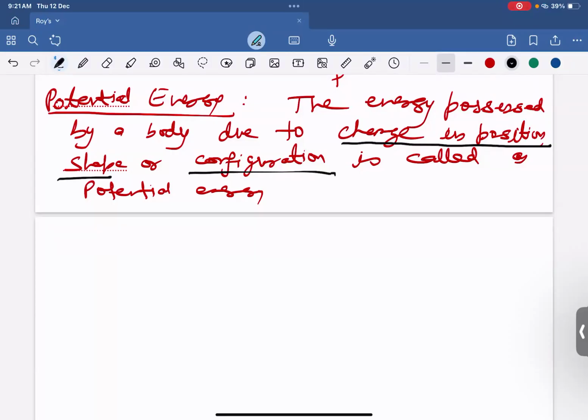Yes. So whatever work you do to change the position of an object or change its shape or configuration, that work is stored inside the body as potential energy.